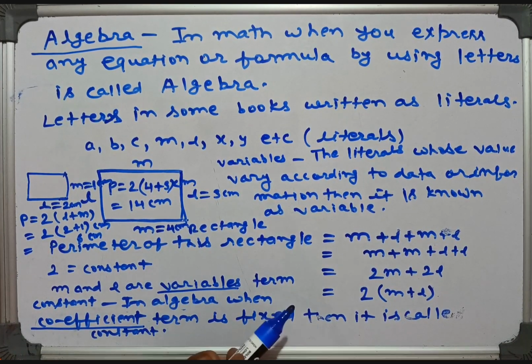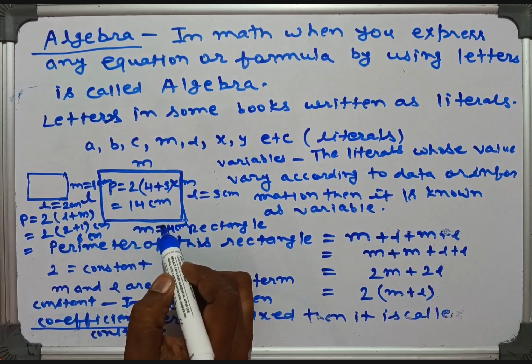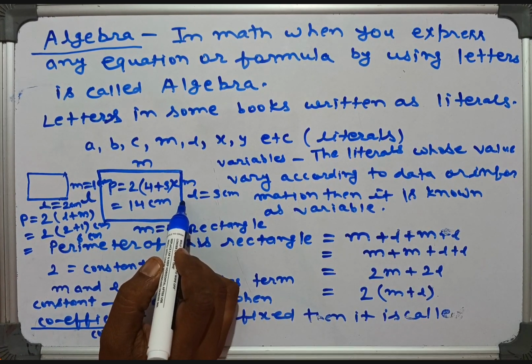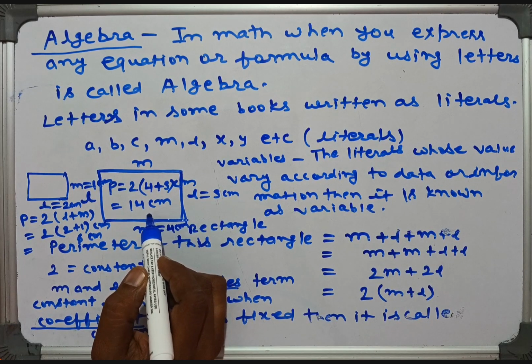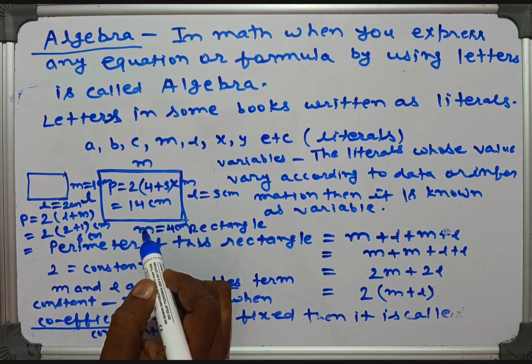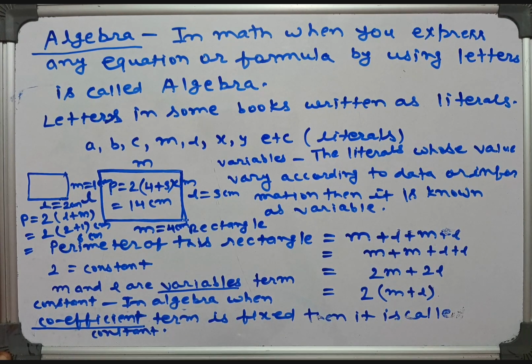So guys, what you noticed here is that according to the information, length and breadth, the values of the literals are varying, so these are known as variables in algebra. Constant and variables are clear to you. Now next we will see term and factor.